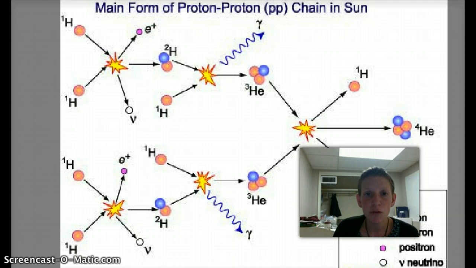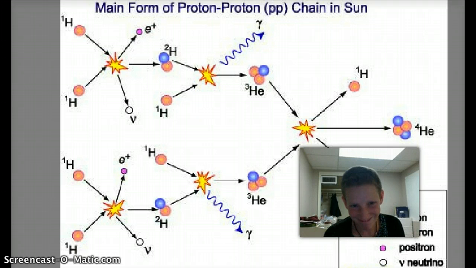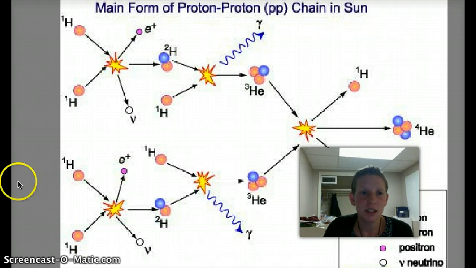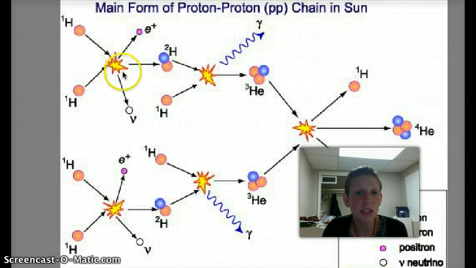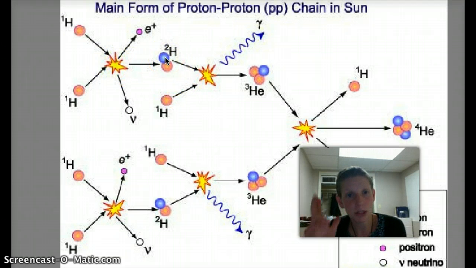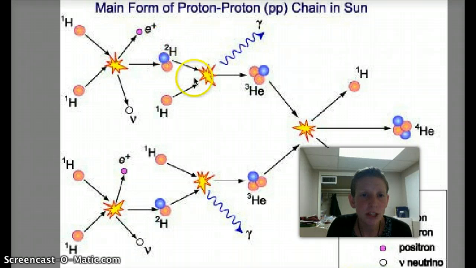So just a quick recap here. We started off in the sun, and in the sun we have a lot of hydrogen. And when that hydrogen collides, pow, we not only release some energy, but we also create a special hydrogen that has a neutron.